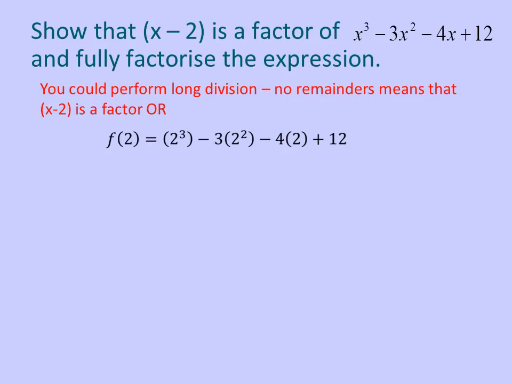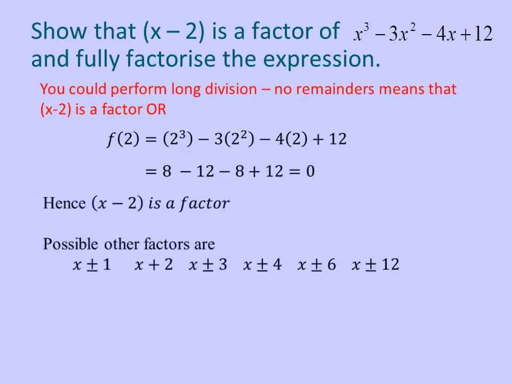However, if we substitute in plus 2 into the cubic, 2 cubed minus 3 times 2 squared minus 4 times 2 plus 12 gives me 8 minus 12 minus 8 plus 12, which equals 0. Hence, x minus 2 is a factor.